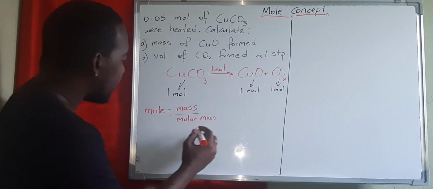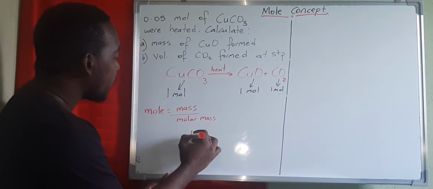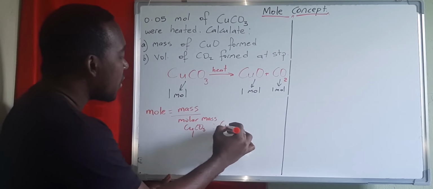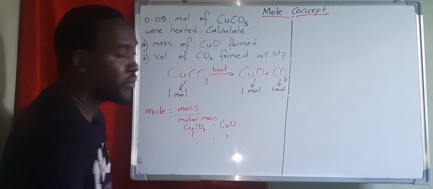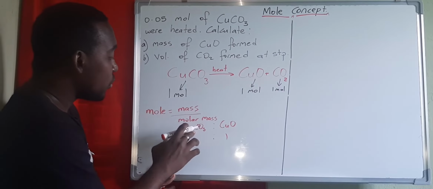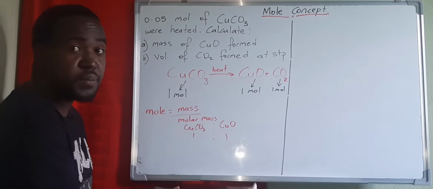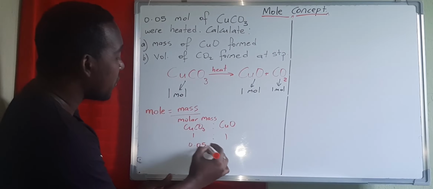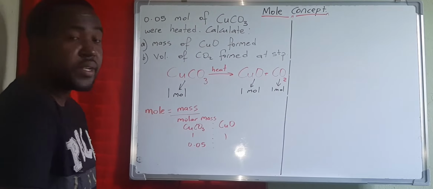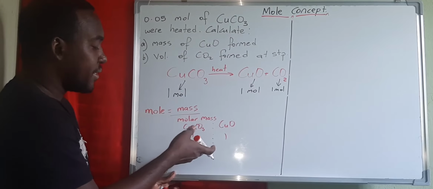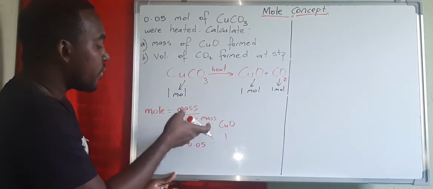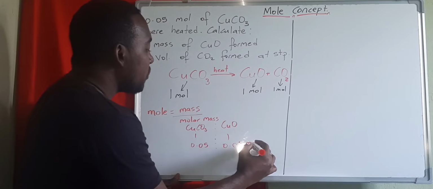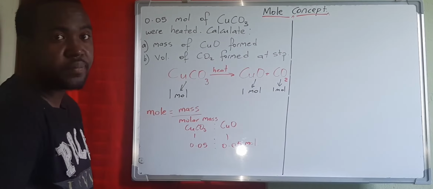So therefore, we can make the link that copper carbonate to copper oxide is a 1:1 ratio, right? So if we had 0.05 mole of copper carbonate, then we would have produced 0.05 mole of copper oxide as well, right?